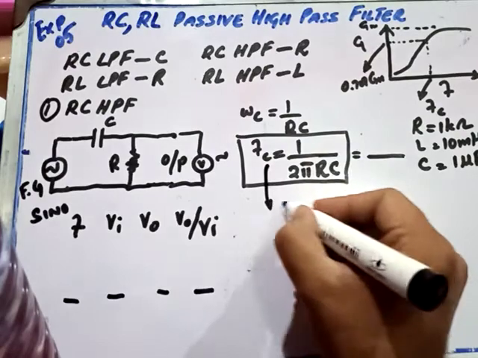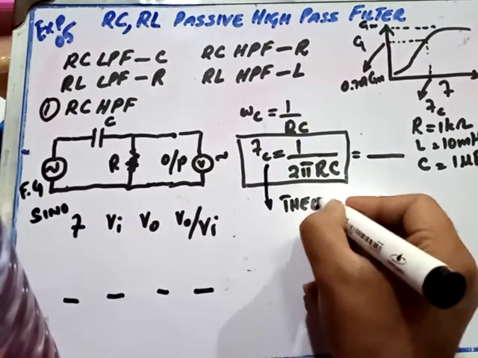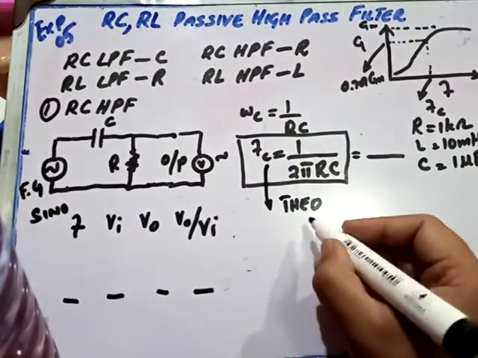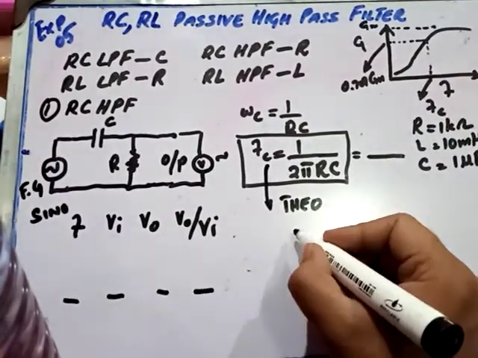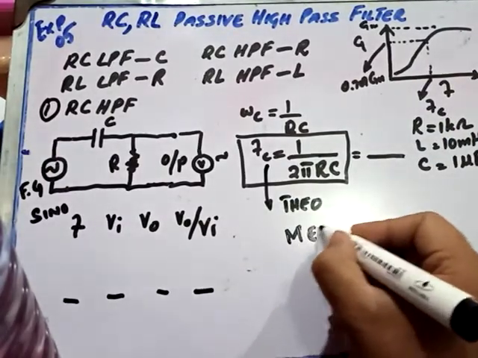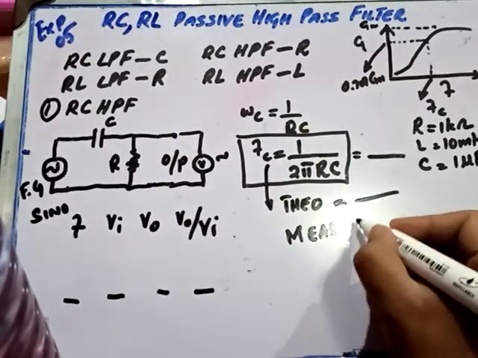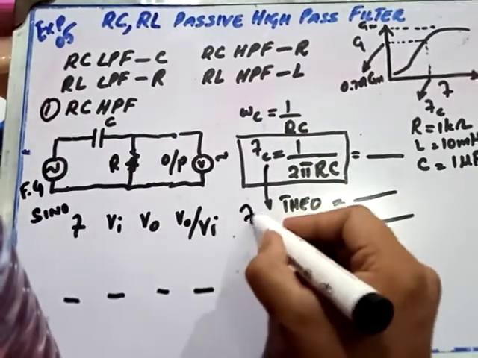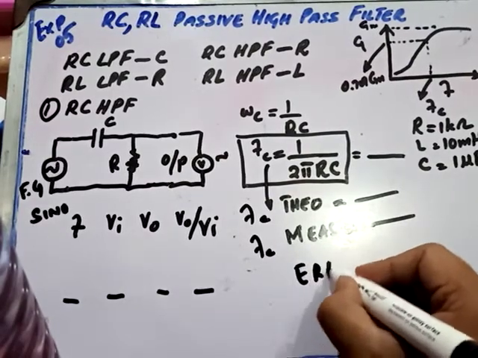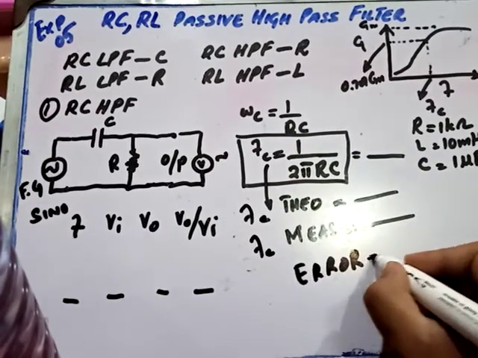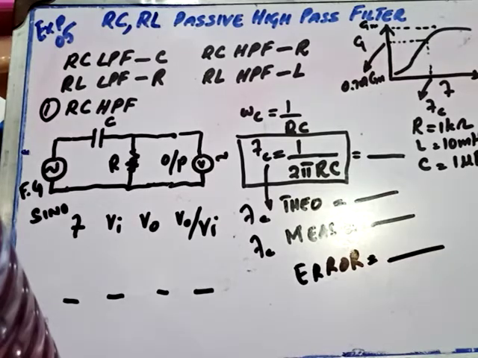So this is the theoretical value, and the one that will be derived from the graph will be the measured value, and resultantly you can do the error analysis for this RC passive high pass filter.